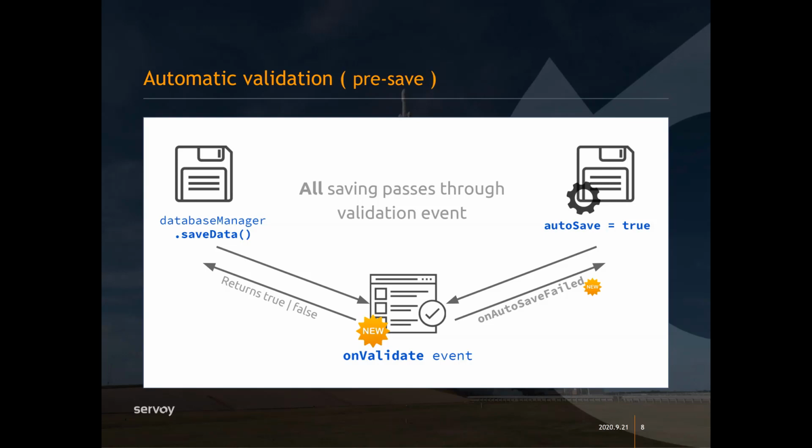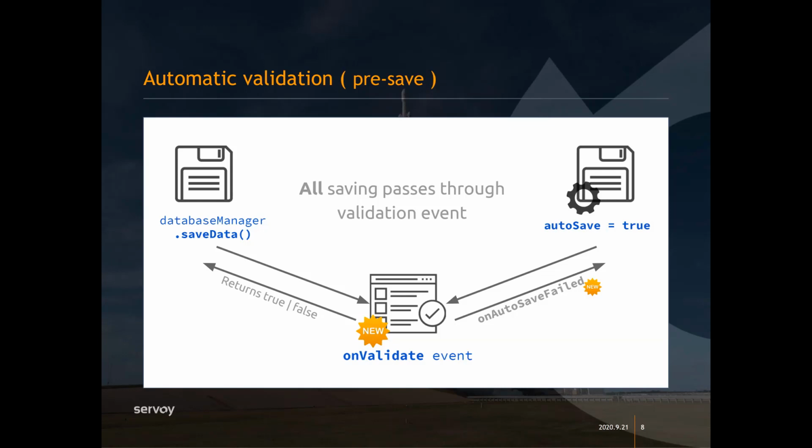In the case where you're calling save data programmatically, which I think is the more frequent case where people have save buttons and they're not auto saving, then save data returns false as it always has, and then you can go and grab the failed records and look at their record markers, look at their validation state. And I showed one example of that.